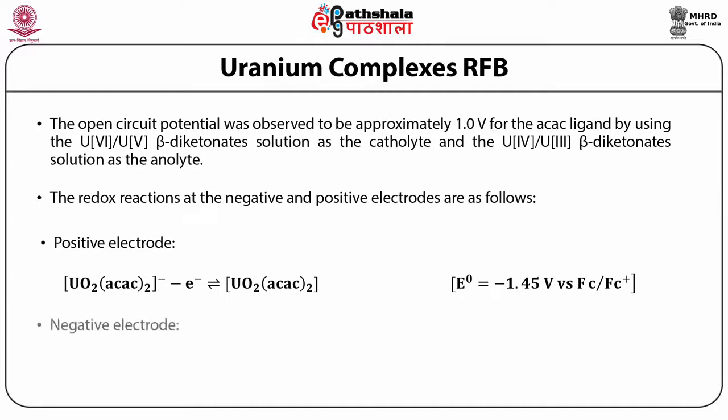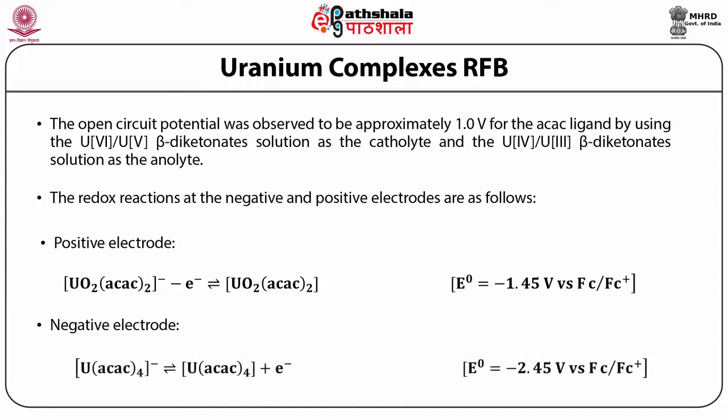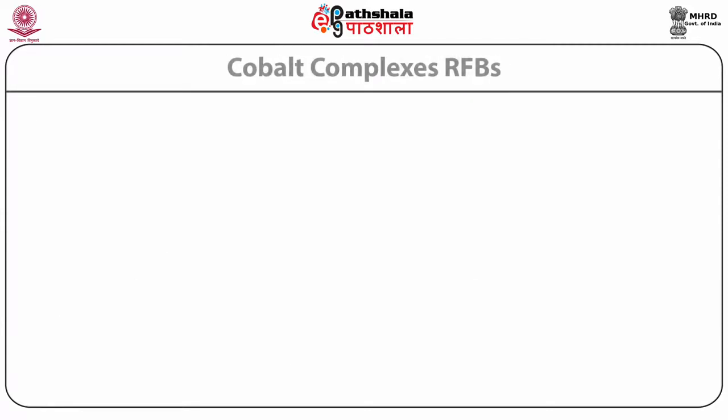At negative electrode, U(ACAC)4 minus gives U(ACAC)4+ plus an electron with E0 equal to minus 2.45 volts versus Fc+.